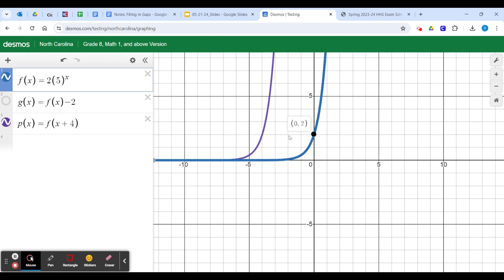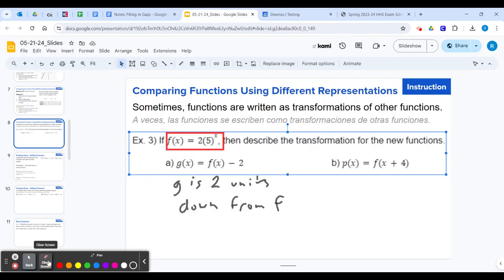It looks like I go 1, 2, 3, 4 steps. So I can say that p is 4 units left of f, depending on the units on our graph.